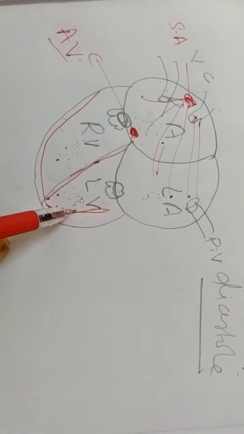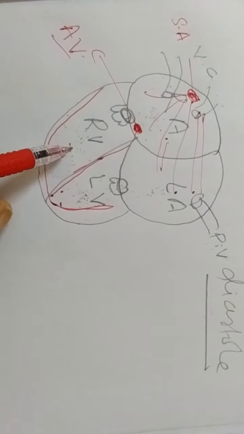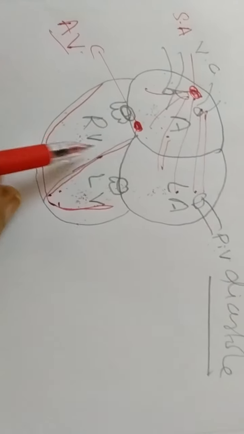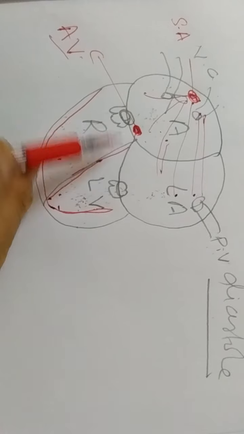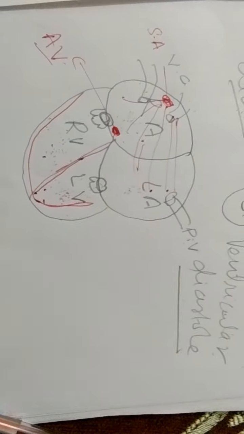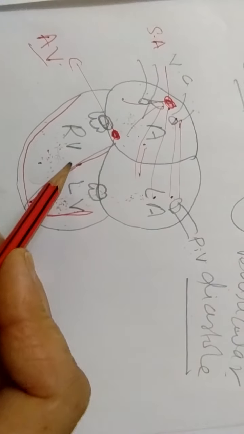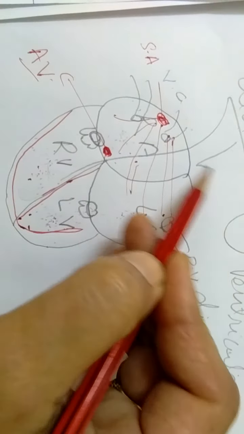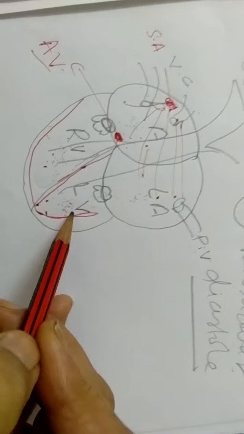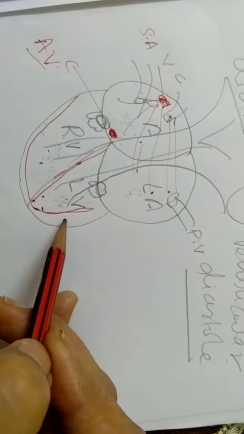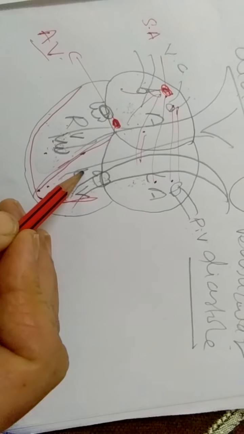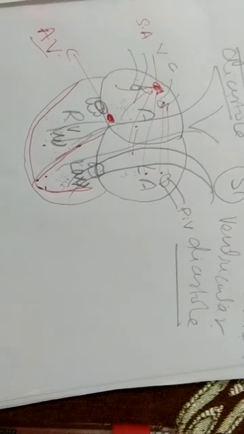When ventricles contract, pressure is exerted on the blood, and due to this pressure the bicuspid and tricuspid valves get closed. From the right ventricle the pulmonary aorta originates, and from the left ventricle the systemic aorta originates, and both the aortas are guarded by semilunar valves.